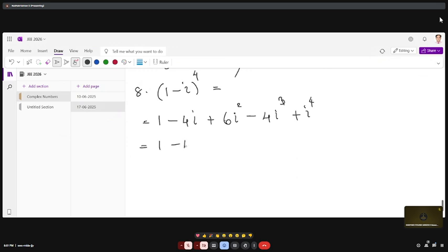1 minus 4i, we leave it as it is. 6i square will be minus 6, since i square is minus 1. Minus 4 into i cube is minus 4 into minus i, so that is plus 4i. i to the power of 4 is 1.